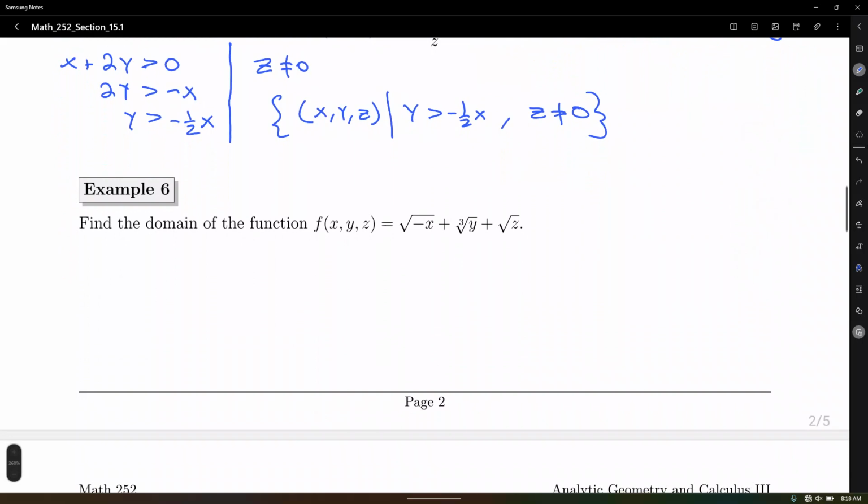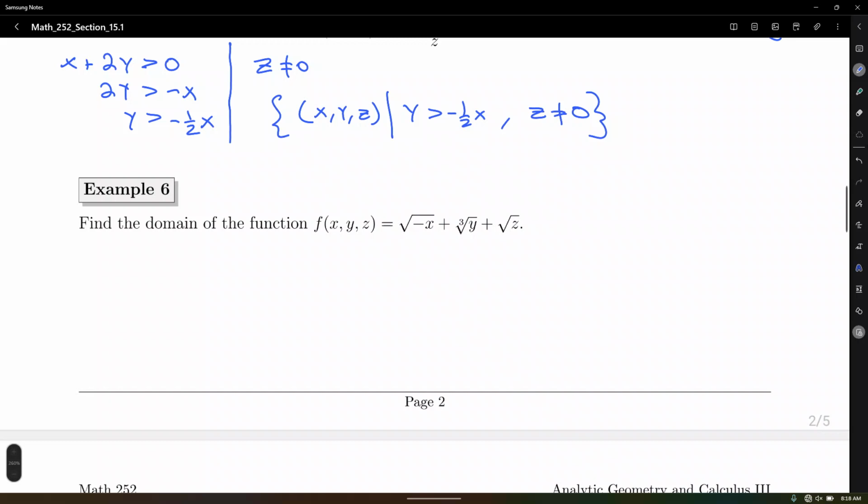Find the domain of the function f of x, y, z equals the square root of negative x plus the cube root of y plus the square root of z. All right. Number one, the term in the middle with the cube root is a radical function of an odd index. Those have no restrictions at all, so we're good. However, the first and the third term are radicals with an even index, so they're going to have restrictions.